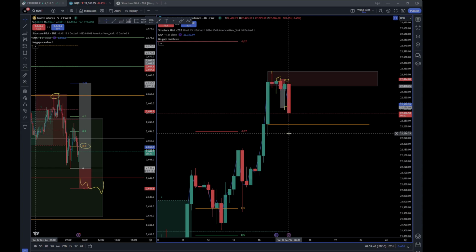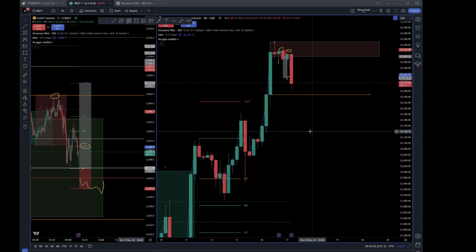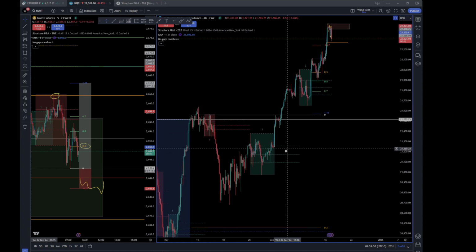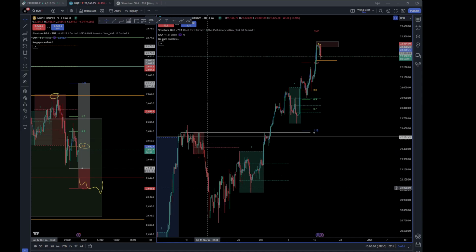This is looking nice on the 4 hour. Let me see. So, don't short the bull market, but the trend look like.